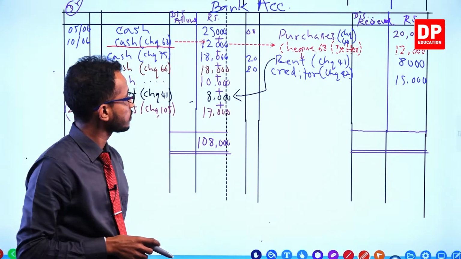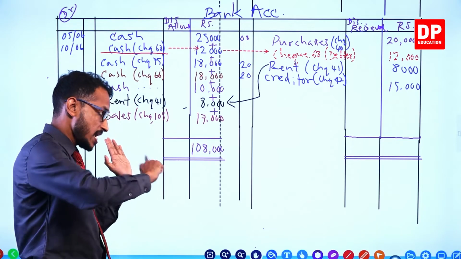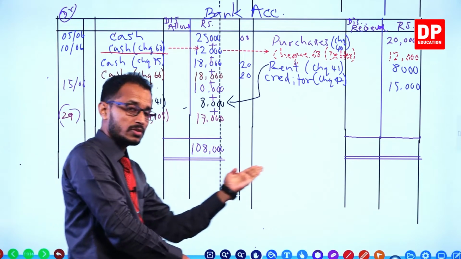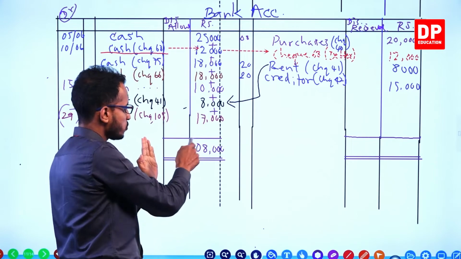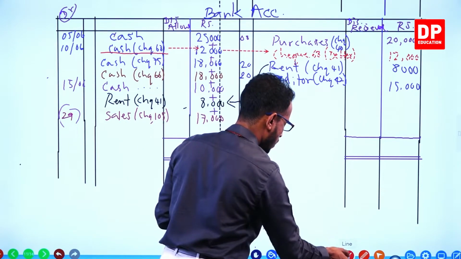Okay, right, 108,000 we have on the debit side amount column. The same total should be on the credit side amount column. So this 108,000 should go to the credit side amount column.